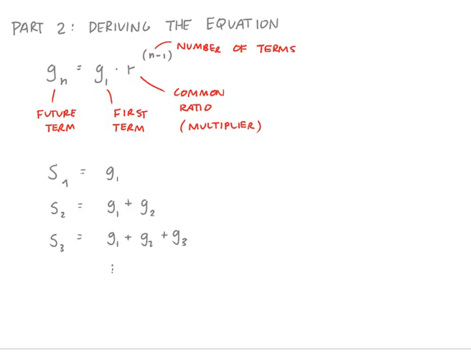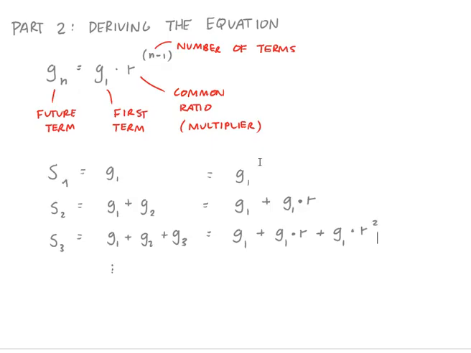But I also know that S1 is equal to G1, of course, that's our starting point. S2, another way of writing S2 is we could say that this is equal to G1 plus G1 times R. Sorry, that's a multiplication symbol there. And then here, S3 could be equal to G1 plus G1 times R plus G1 times R squared.